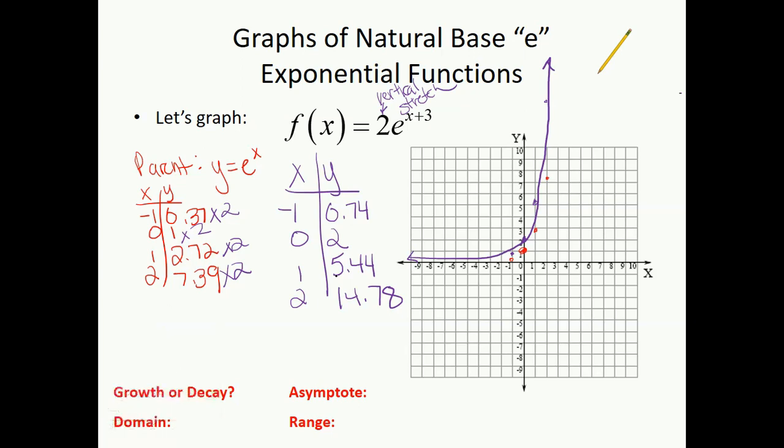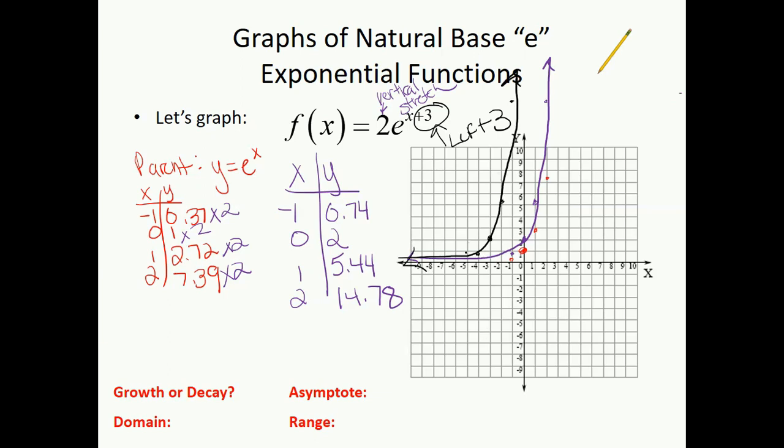Now let's go ahead and fill in our shifting. This is going to be a left 3. So basically I'm going to take all my purple dots and move them left 3. So 1, 2, 3, 1, 2, 3, 1, 2, 3, and 1, 2, 3. Oop, missed that dot.